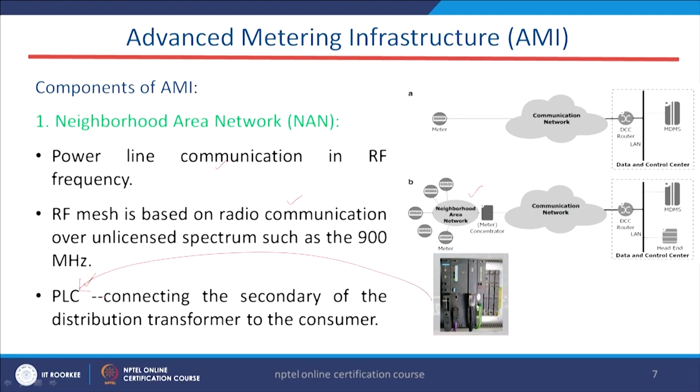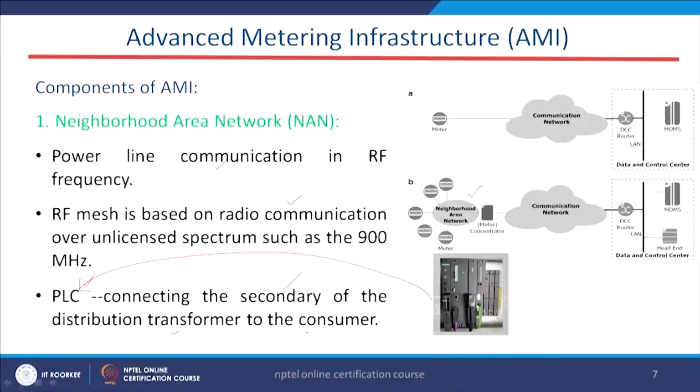Programmable logic controllers are mostly used in industries to control machinery, the operation of the machines, and here also we can use the PLC concept by connecting the secondary of the distribution transformer to the consumer. So, it is a kind of wired or wireless communication system. This NAN helps in connecting the smart meters to the utility section through this meter concentrator and communication network.